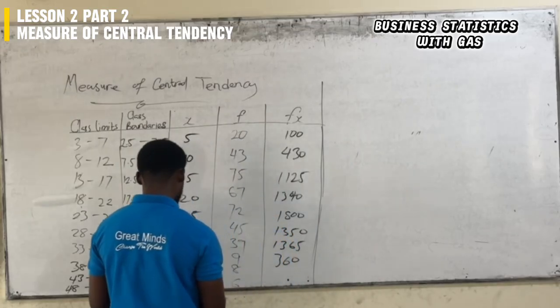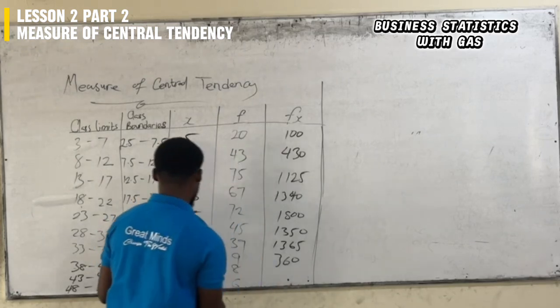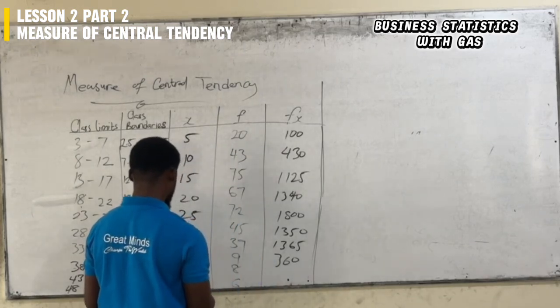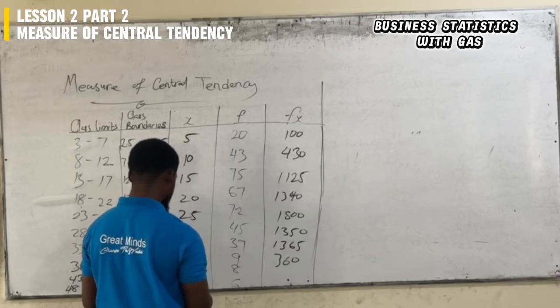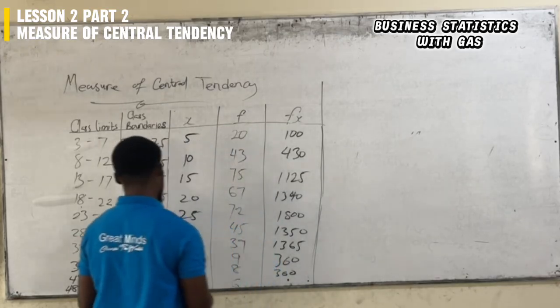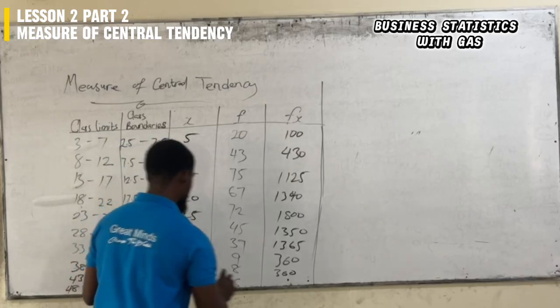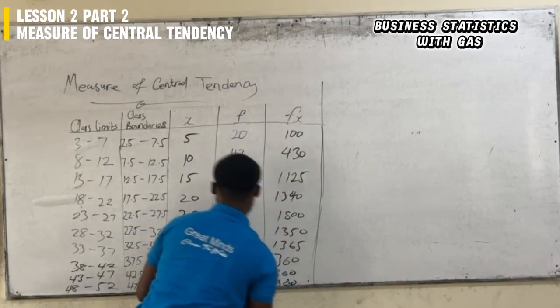When you multiply 45 by 8, you are getting 360 here too. And when you multiply 50 by 6, you are getting 300.